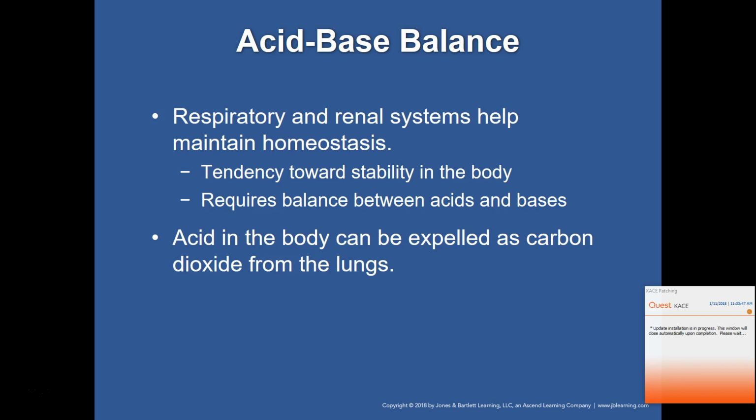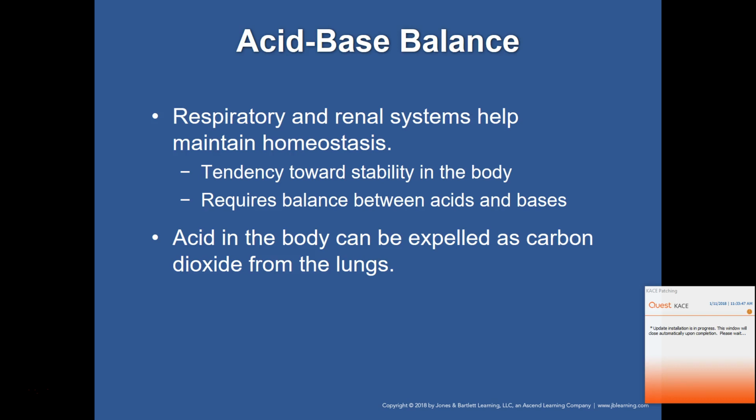The respiratory system is the quickest to act because if it can blow off CO2, it can help balance out the equation of the excess hydrogen. That excess hydrogen can be taken up and dealt with. And in reverse, it can slow down to retain more CO2 if the body's more alkalotic, in order to free up more hydrogen to maintain that balance.